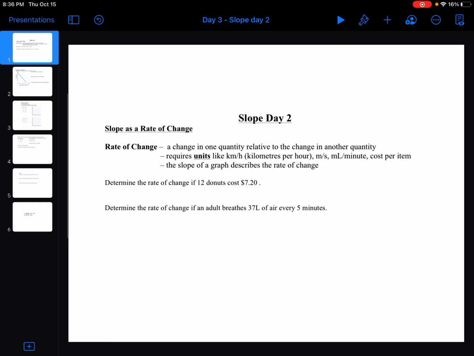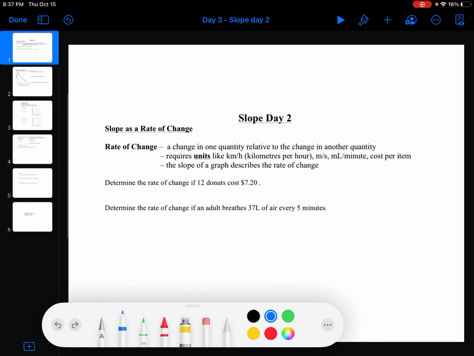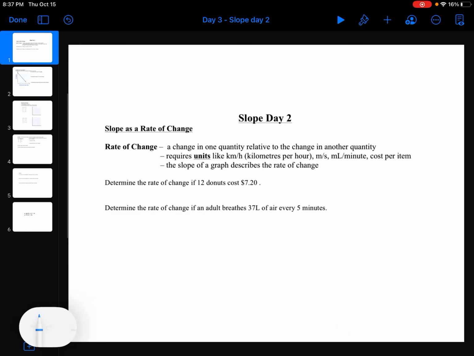So just describe the rate, or determine the rate of change, of 12 donuts that cost $7.20. So what we're going to look at is 12 donuts over $7.20.